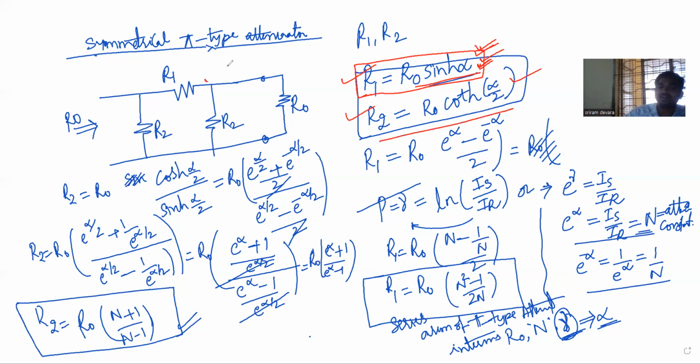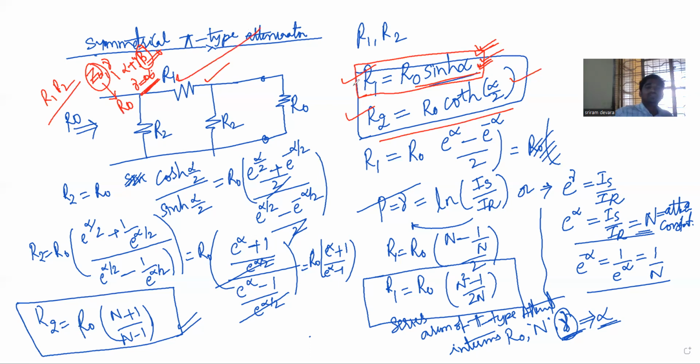You know this diagram of the pi-type attenuator. The series and shunt terms can be represented in terms of Z0 and gamma. Z0 is for a resistive network only, so it becomes R0, and gamma is alpha plus j beta. There are no L and C components, so the beta factor will be 0. The propagation constant of any attenuator is only alpha.